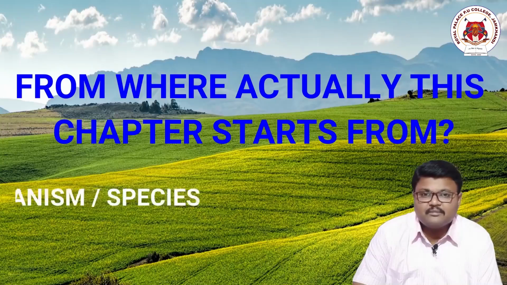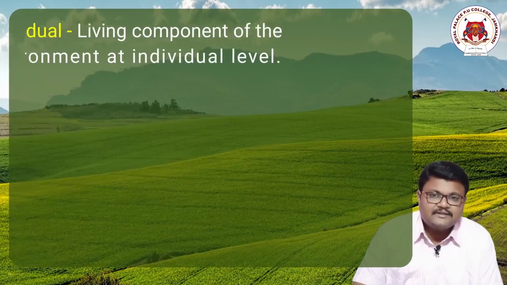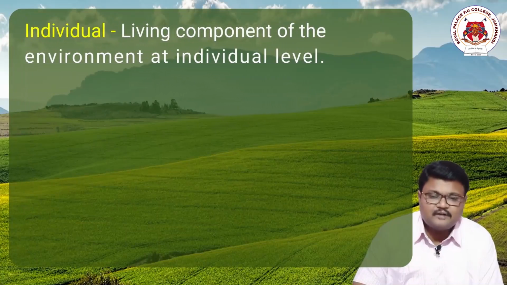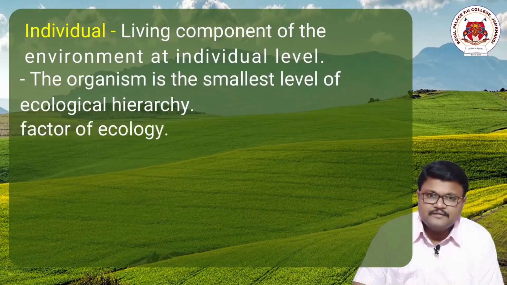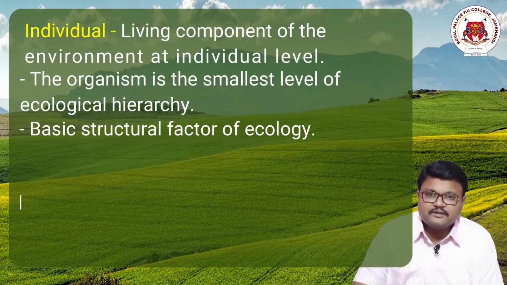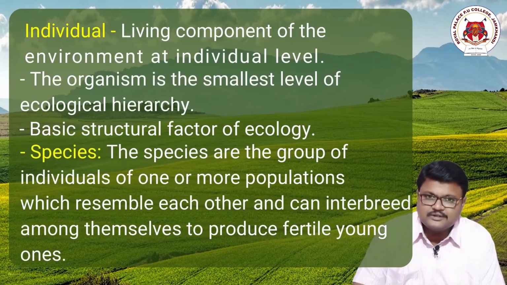It starts from a word called individual or organism or species. We can call the individual the living component of this system, of this atmosphere, of this environment. This living individual is the basic structural factor of studying the ecology chapter.